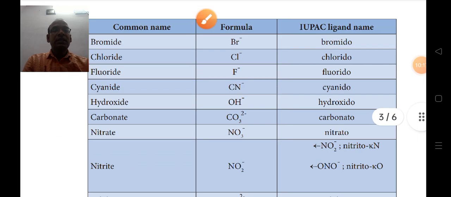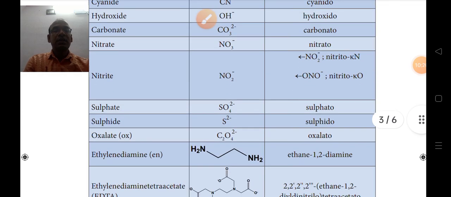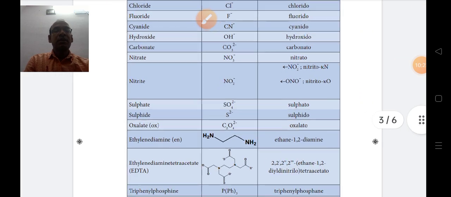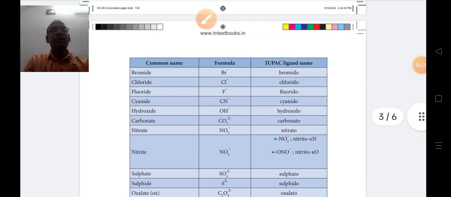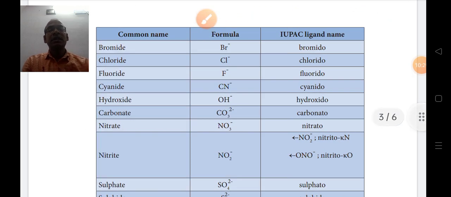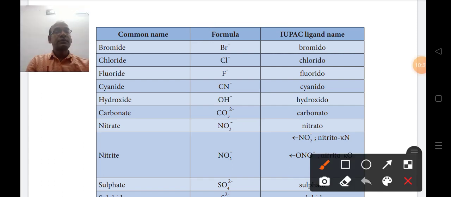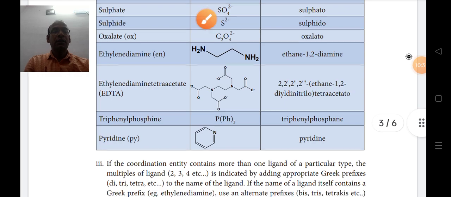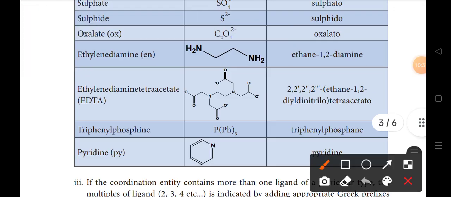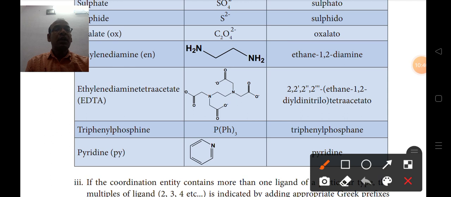Three notable points. This tabular column is used to calculate the oxidation state of the central metal ion. In this tabular column, ethane-1,2-diamine, triphenylphosphine, and pyridine are neutral ligands, that is, no net charge on the ligands.